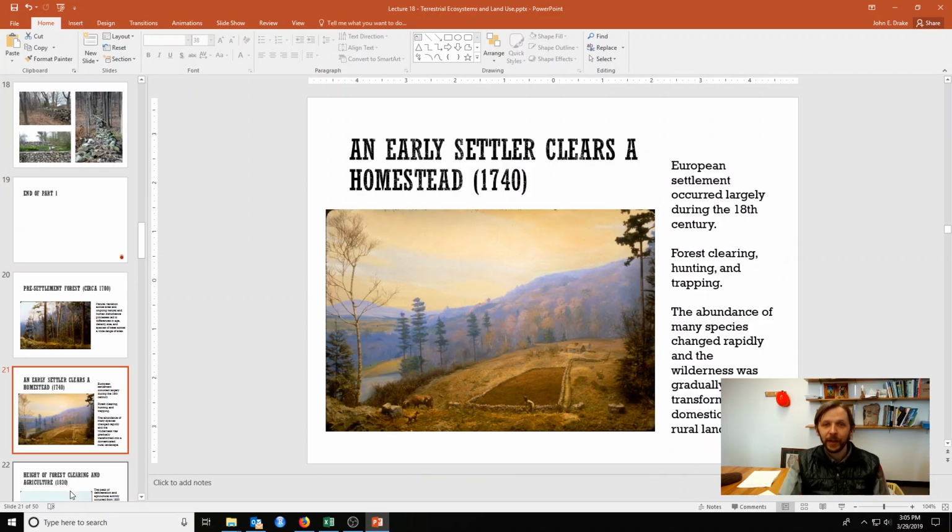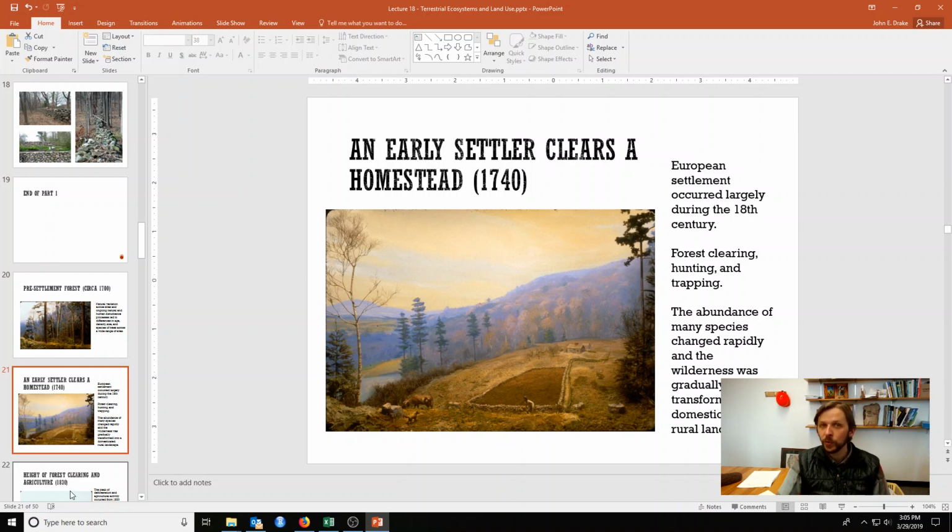In the middle part of the 1700s, much of this forest was just started to be cleared by humans, primarily of European descent.